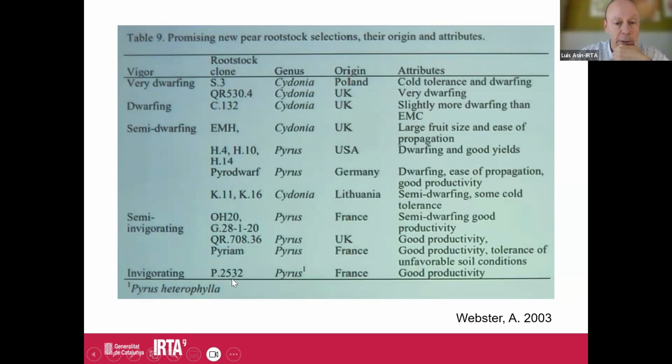The rest of the rootstocks that were important at that moment have not had a really important impact in the market. Right now we have two new Pear rootstocks, and I will explain some information about them: Fox 9 from an Italian breeding program, and also Farol 87, from the US.